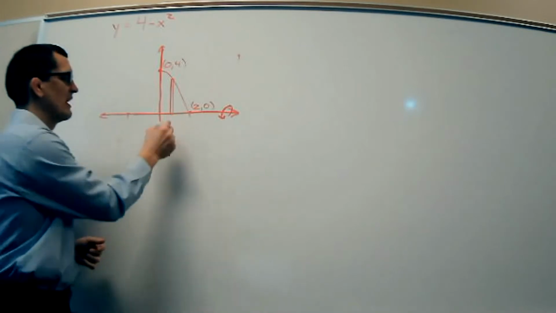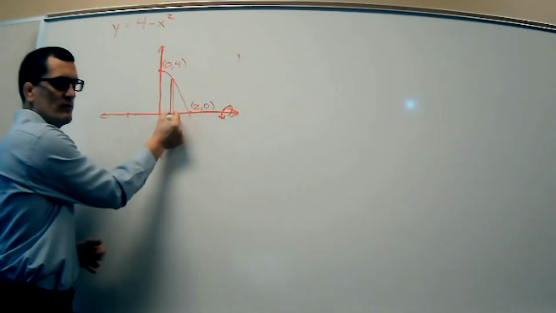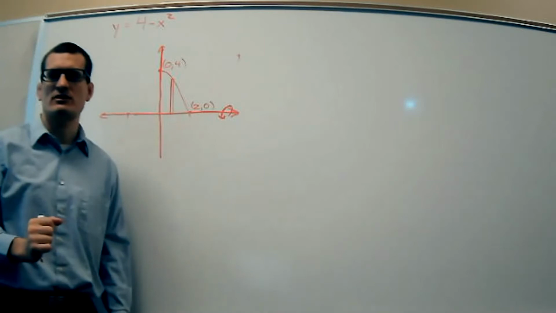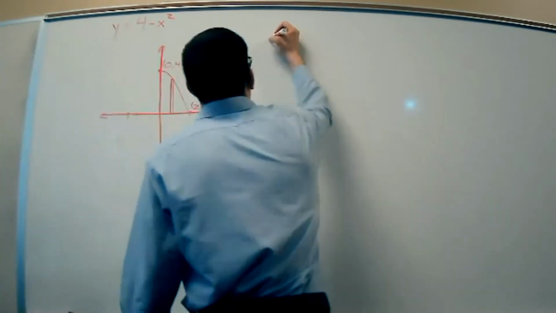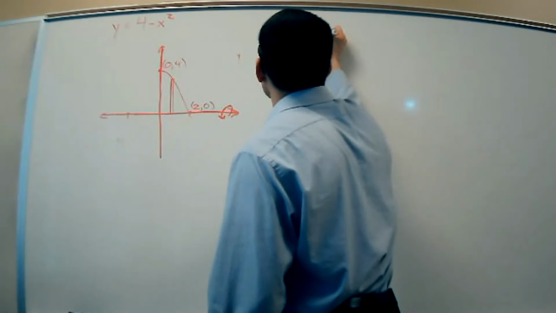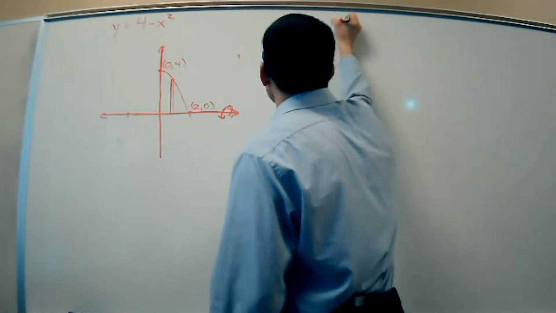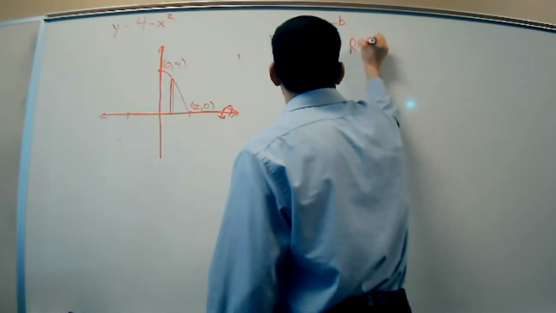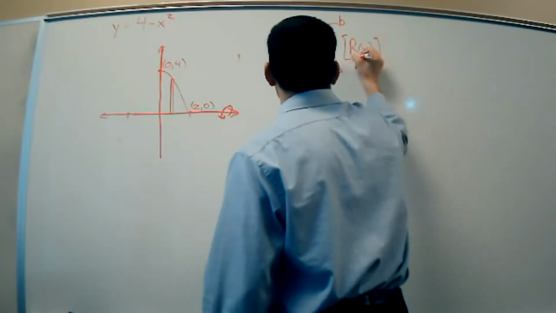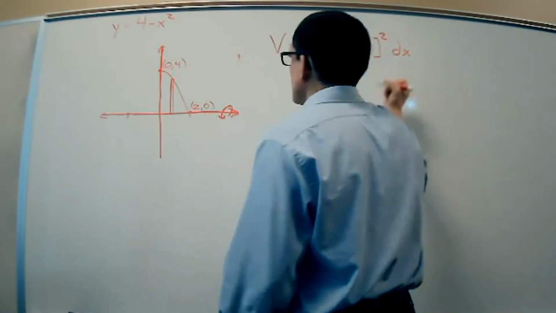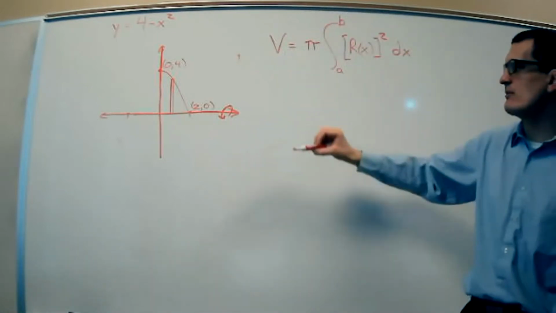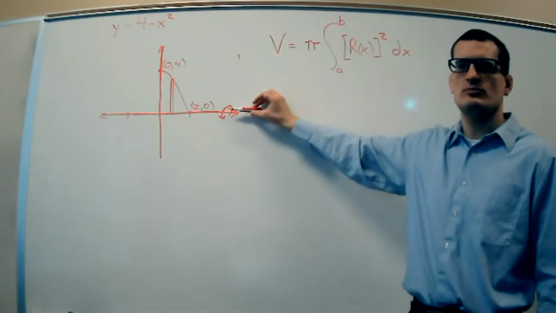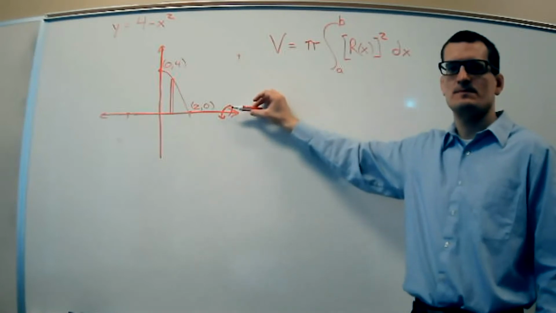In other words, as it gets wider or more narrow, it's getting wider or more narrow in the x direction. That tells me the volume is going to be pi r squared, but everything's going to be done with respect to x. I'm rotating around a horizontal line, so everything is done with respect to x in the disk method.